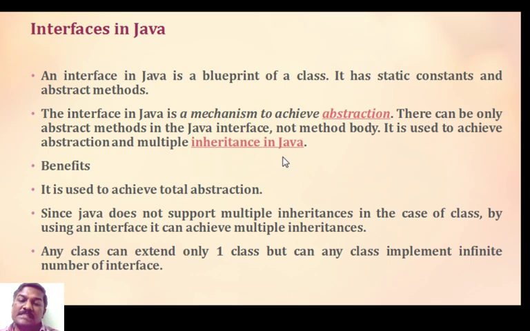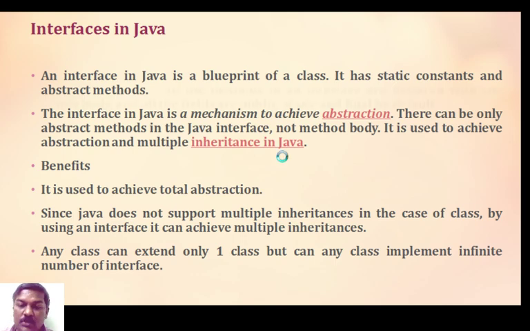Interface is a mechanism to achieve abstraction. An interface will have abstract methods. An abstract method should not contain any body. It can be implemented in the derived class. So this is the concept of interface in Java.